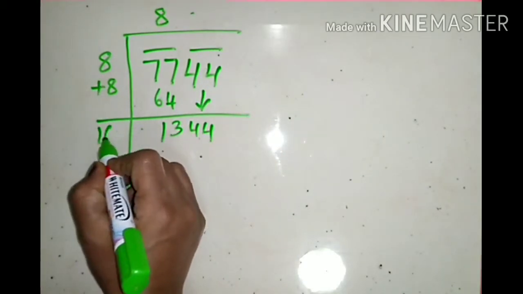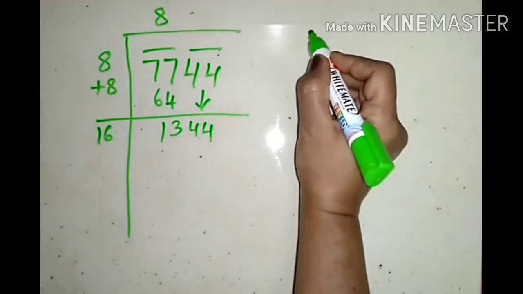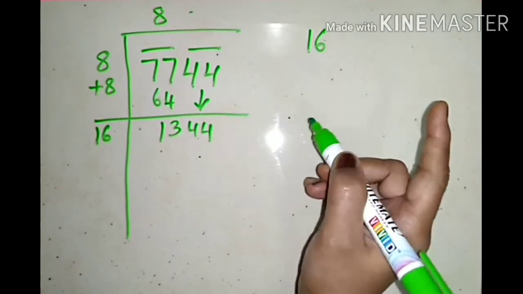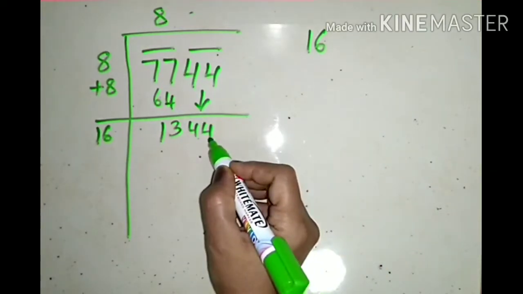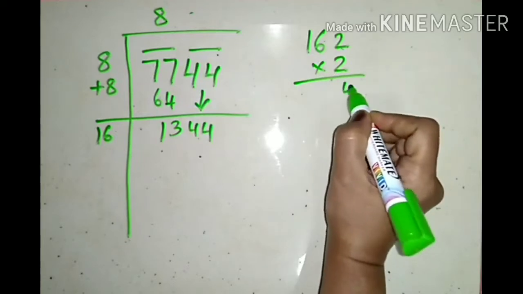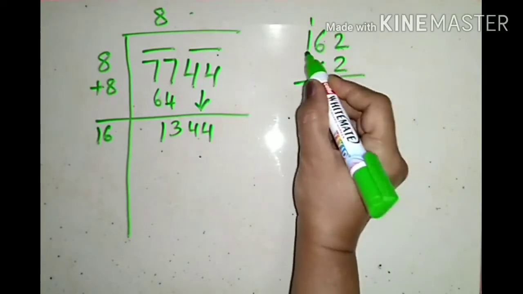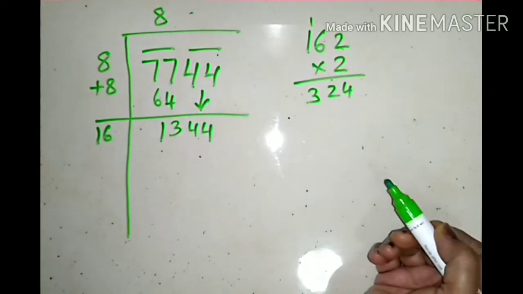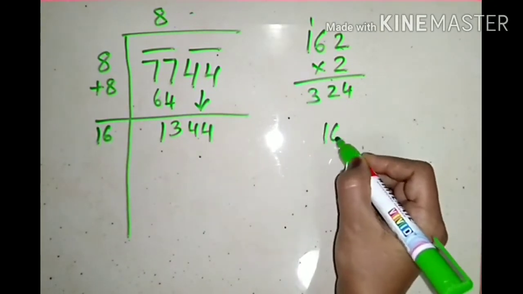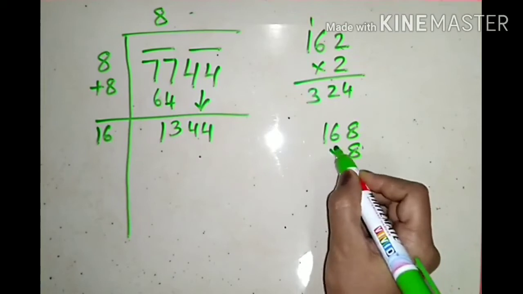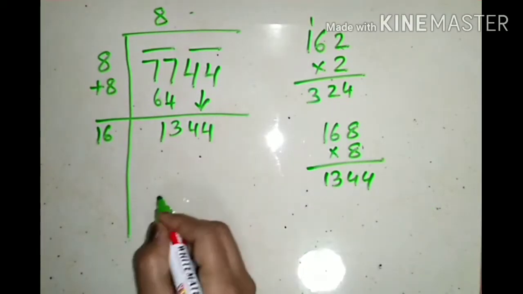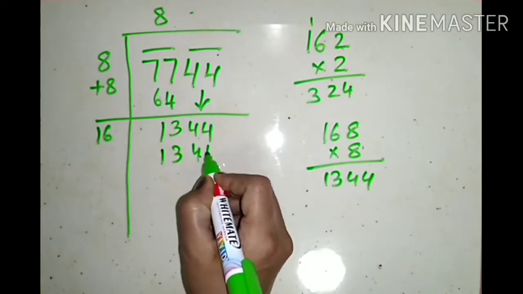Add these two, 16. Now we have to write a number beside this in units place and multiply it by the same number. We need 4 here, so we can try 162 into 2, 324. This is not close, so we will choose another number which will give us 4. 168 into 8 will give us 1344. So we choose this number, 1344.